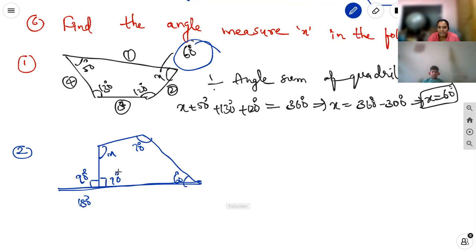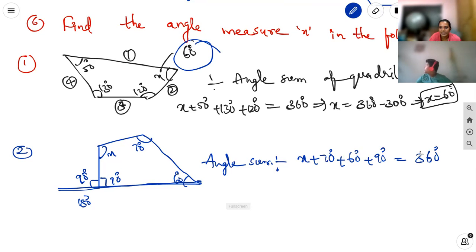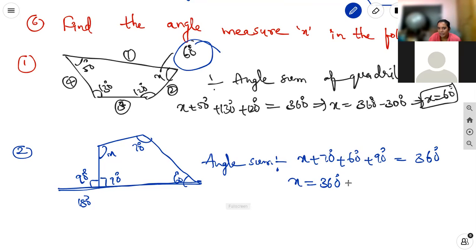Again this is a quadrilateral with 4 sides, so by the angle sum, x plus 70 degrees plus 60 degrees plus 90 degrees equals 360 degrees. So x equals 360 degrees minus 220 degrees, since 90 plus 60 is 150, plus 70 is 220. So x equals 140 degrees.